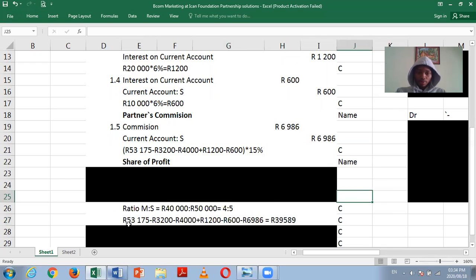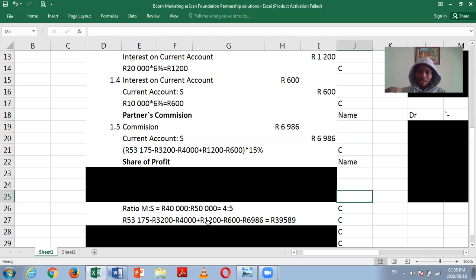So remember, this is our profit that we made from the statement of profit or loss or income statement, which is 53,175, and then we subtract the interest on capital, right? Because now the partnership has to pay the partners that interest, and then we add the 1.2. Remember, it was when the partner had an unfavorable balance, right?